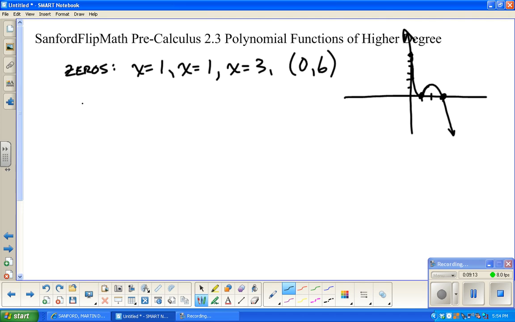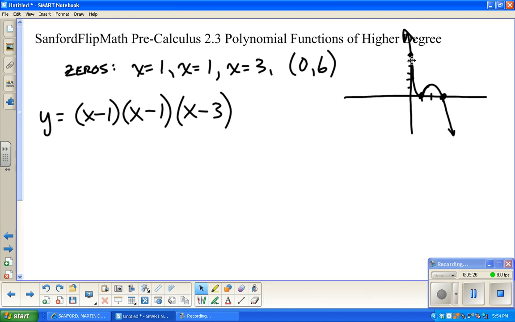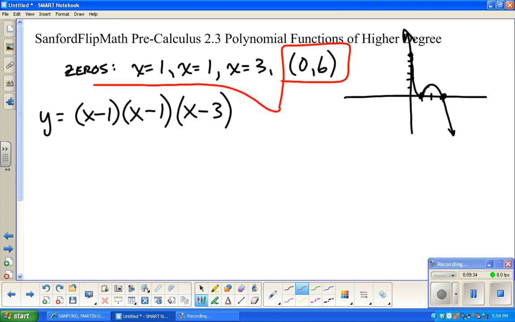Well, I know one of the factors needs to be x minus 1. I know another factor needs to be x minus 1. And you guessed it, another factor has to be x minus 3. Now, the question that I have is, how does this happen? Well, it is actually going to happen by that little guy right there.